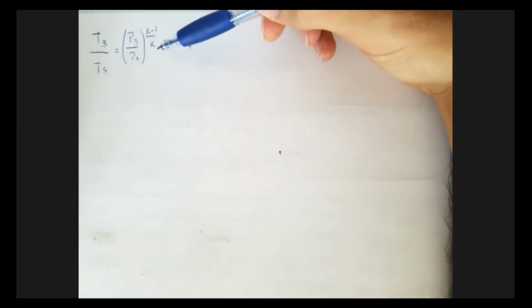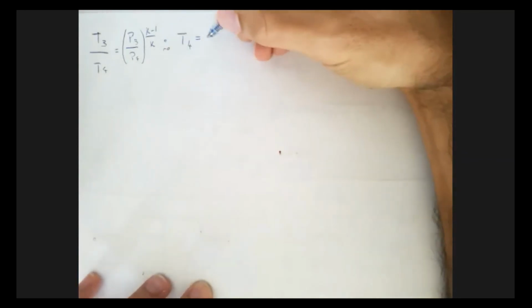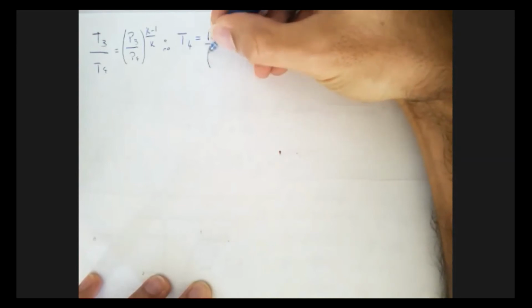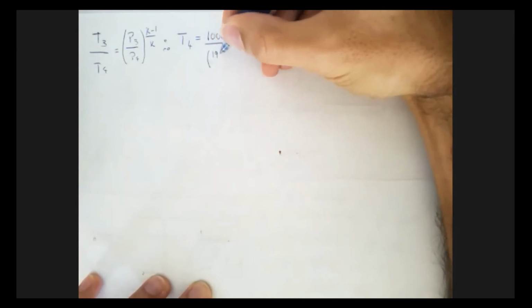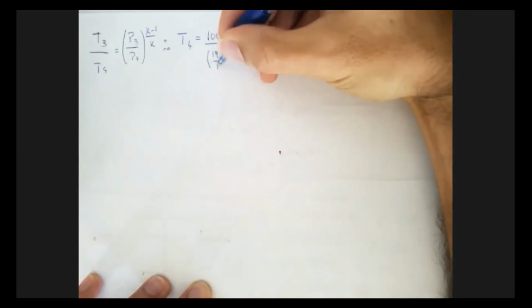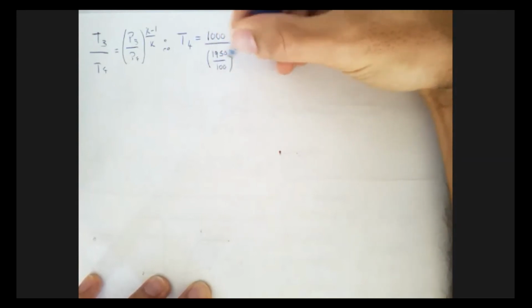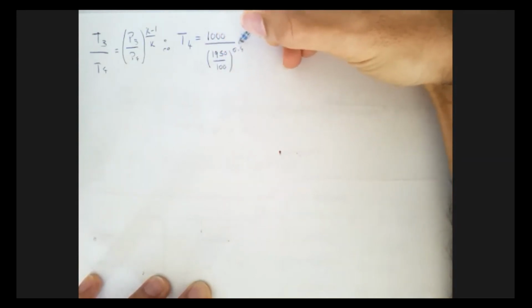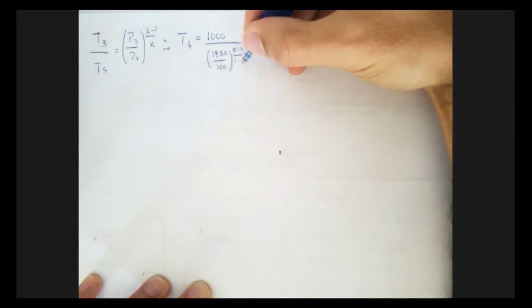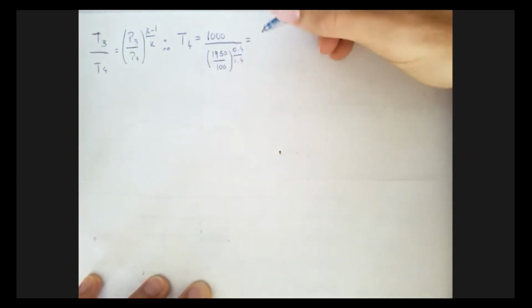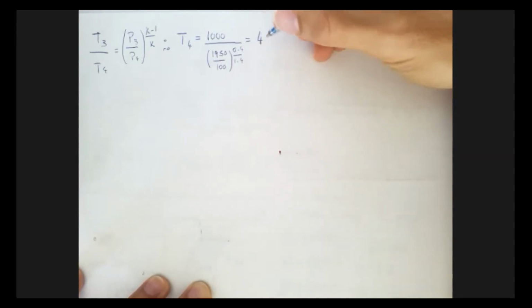If we didn't have any irreversibility, this is the T that we would get out of this. So that's going to be 1,000, that's T3, divided by pressure 3 over pressure 4, pressure 3, 1950, to the K minus 1 over K. That's the only change that we had. This is the only new thing here for you guys. So this renders, I got 427.9. I'll go ahead and do 428 Kelvin.